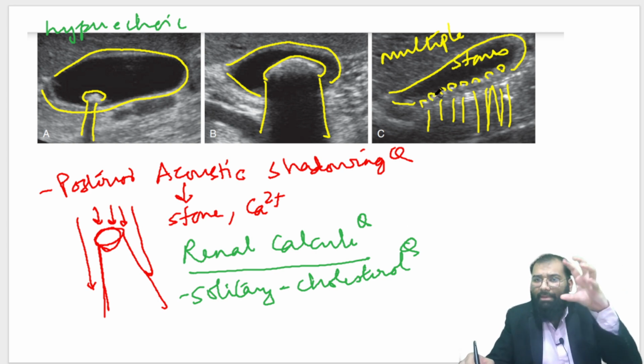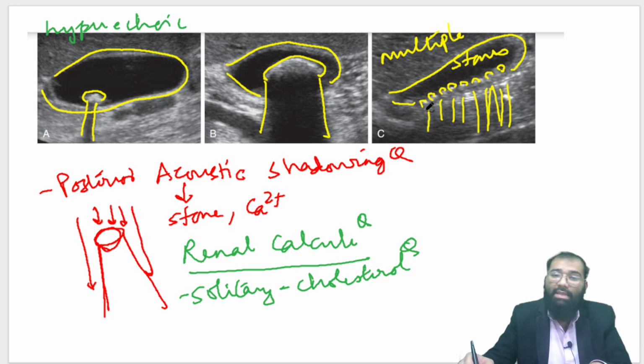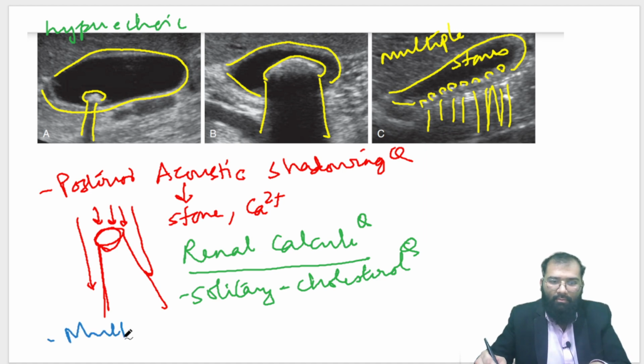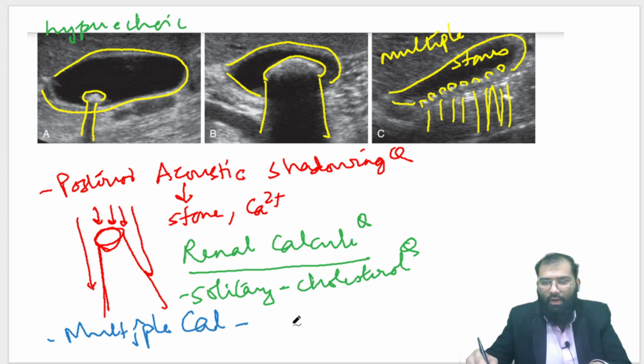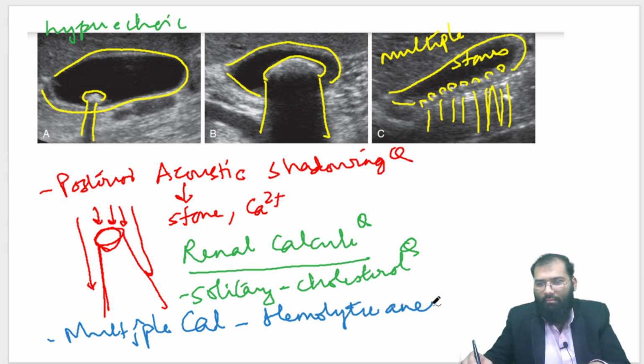If you see multiple stones, what is the second thing which you look for? So, if you have multiple stones, you look for hemolytic anemia. Important question.